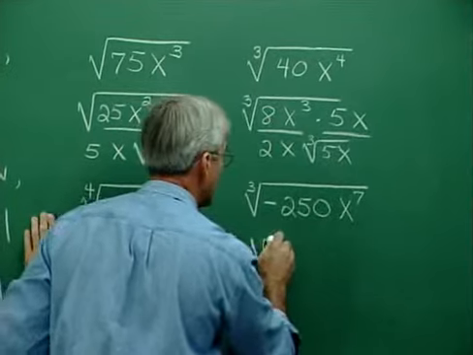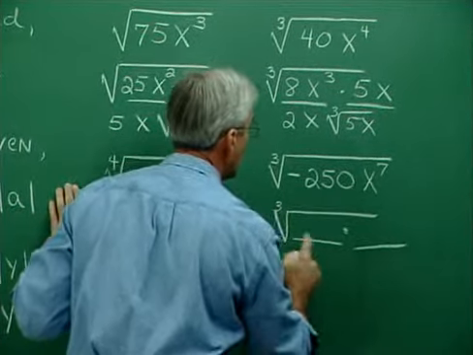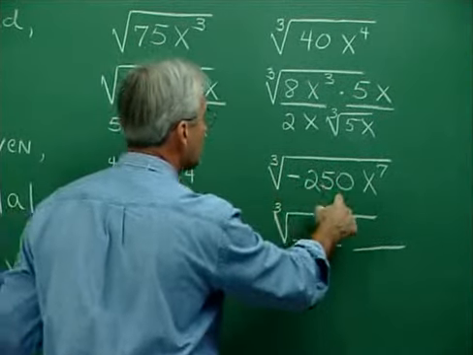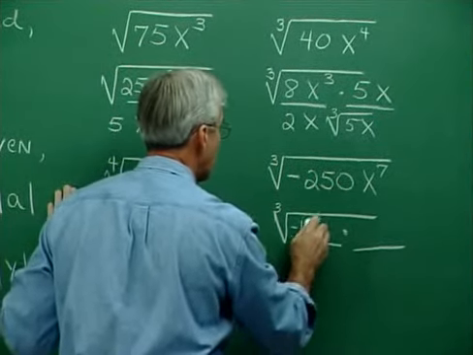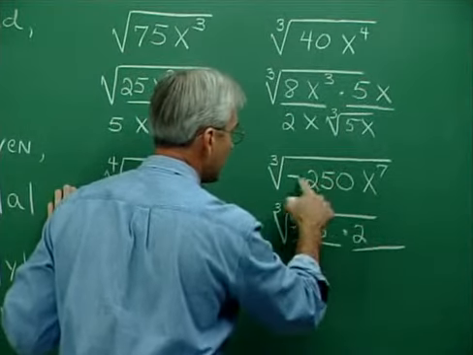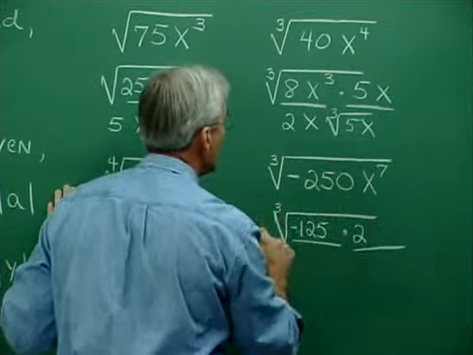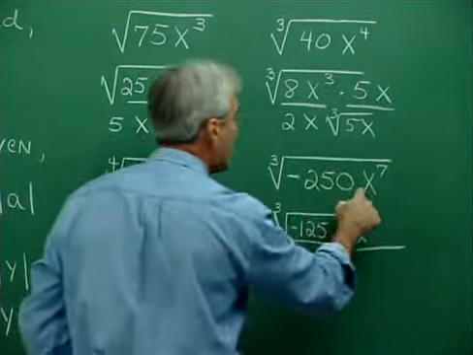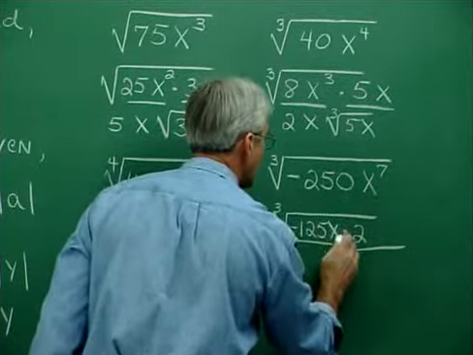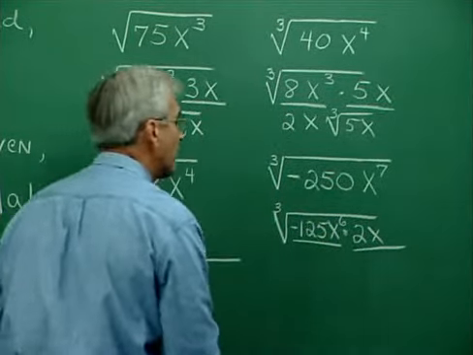So we have the cube root of, let's see, cubes times leftovers. The largest cube in negative 250 would be negative 125, and it's negative 125 times 2 to give negative 250. All right, so we factored here. What about here? Well, the largest cube in x to the 7th is x to the 6th, and we have one leftover factor of x.